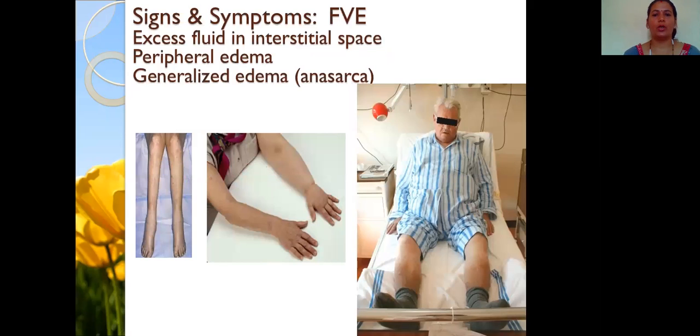And we come to the signs and symptoms of fluid volume excess. Excess fluid in the interstitial space is seen. Similarly, peripheral edema is seen. We can see here in the figure, and generalized edema, which is also called anasarca, can be seen in the patient.